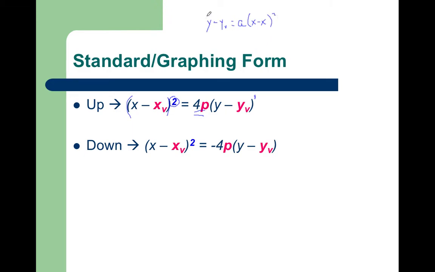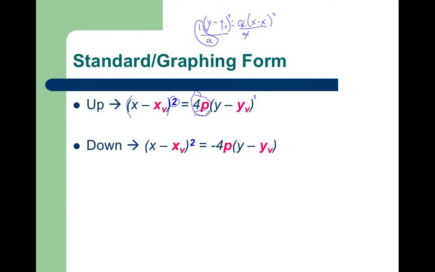If you divide both sides by a, a divided by a goes away. You now have the dilation factor, 1 over a, in front of the linear stuff. 4p is 1 over a.